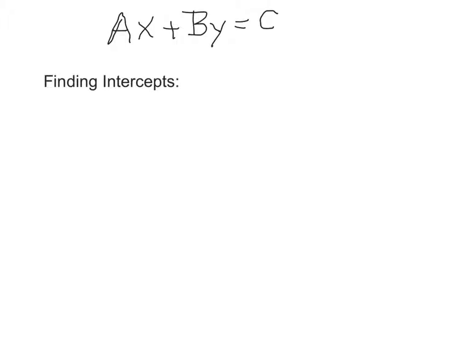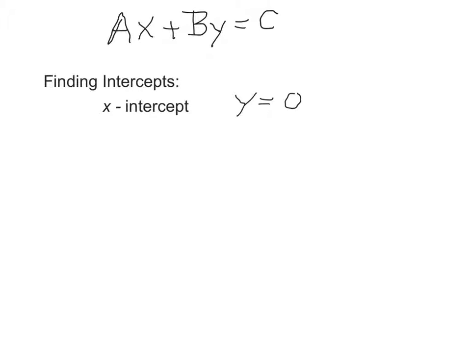Now let's say we want to find the intercepts. Well, what do we mean by intercepts? The intercepts are where the particular graph crosses the x and y axes. So the x-intercept is where it crosses the x-axis, and the y-intercept is where it crosses the y-axis. The x-intercept is found by letting y equal 0 and solving for x in your equation.